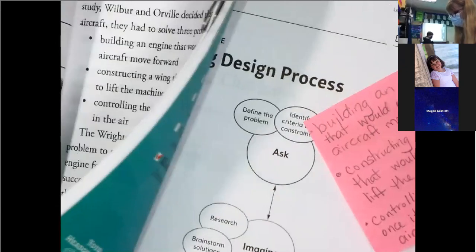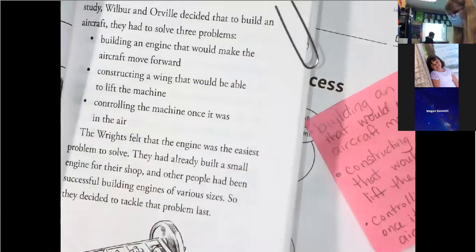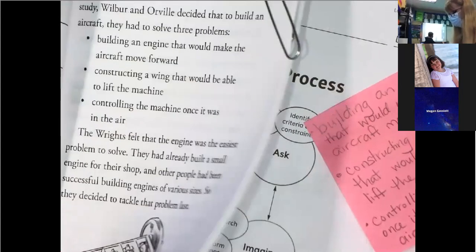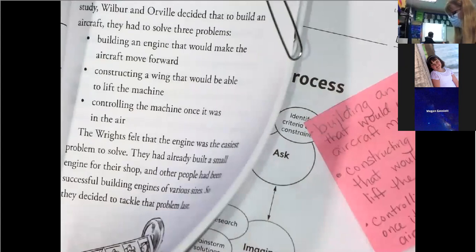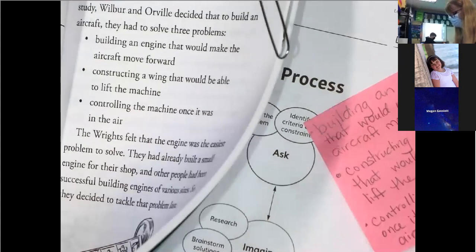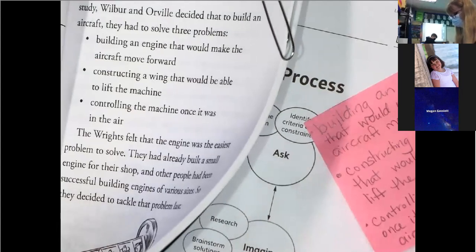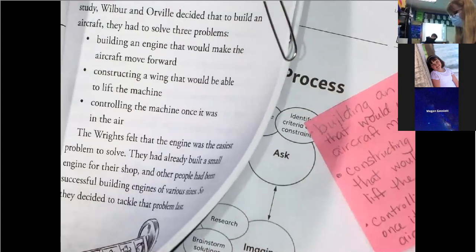Actually, they're selecting a solution. So that is an imagine. If you look in your notebook, it has ask, imagine, improve, plan, create, and share. Does everybody see those big bubbles? Yes, ma'am. Underneath imagine, it says research, brainstorm solutions, and select a solution.